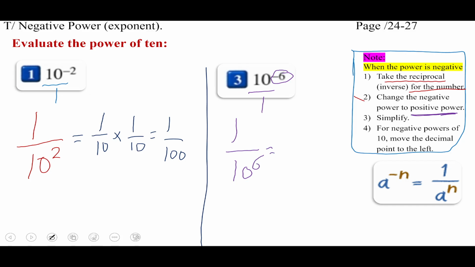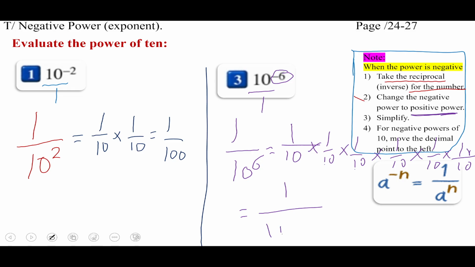So it becomes 1 out of 10 times 1 out of 10 times 1 out of 10 times 1 out of 10, six times: 1, 2, 3, 4, 5 and 6. So multiply them. 1 times 1 times 1 is going to be 1, and write 6 zeros: 1, 2, 3, 4, 5, 6.